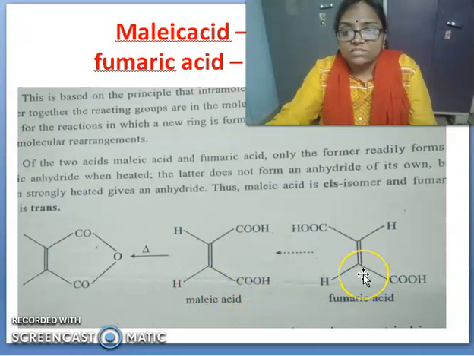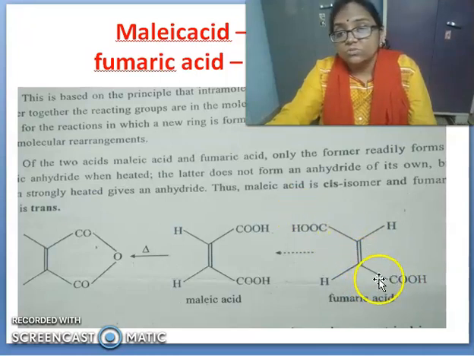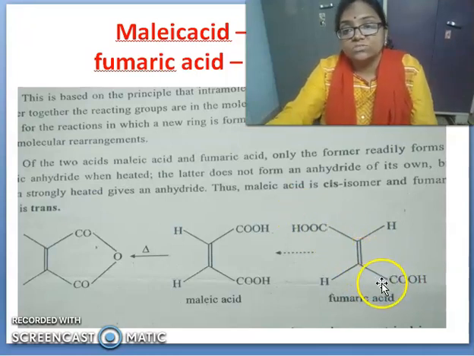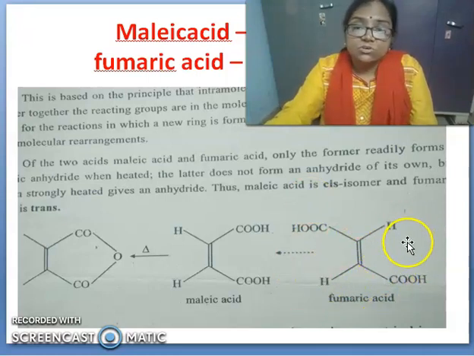Whereas in the case of the trans isomer, they are found to be highly stable. Since the two bulkier groups are placed diagonally opposite to each other, there is no possibility of intramolecular reactions occurring here. So this is another reason.